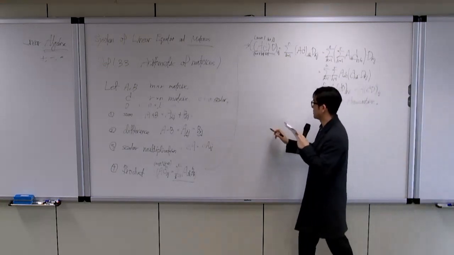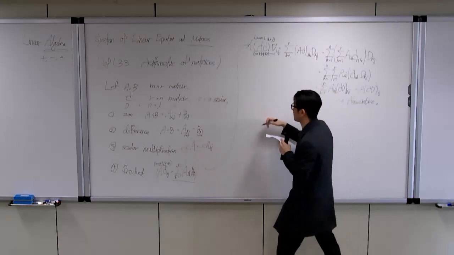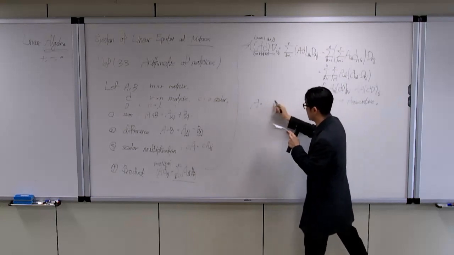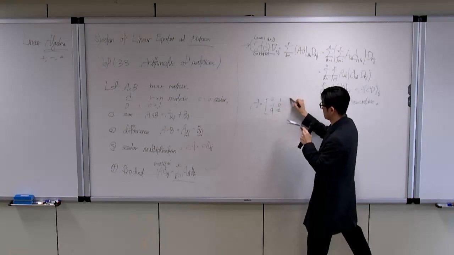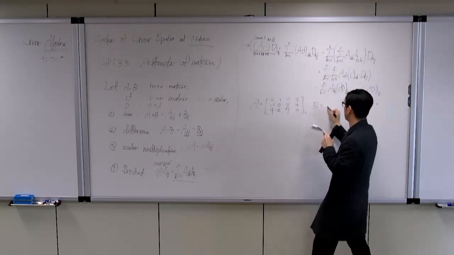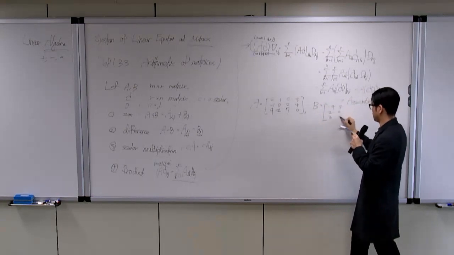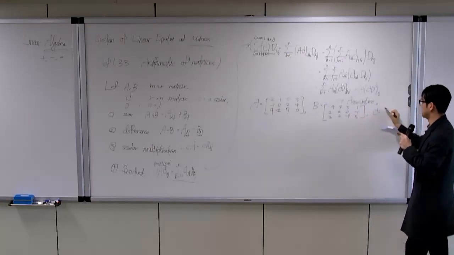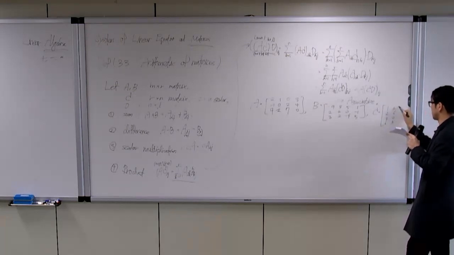And let me give some examples using these operations. Consider the situation given A, B, and C matrices with the listed entries.